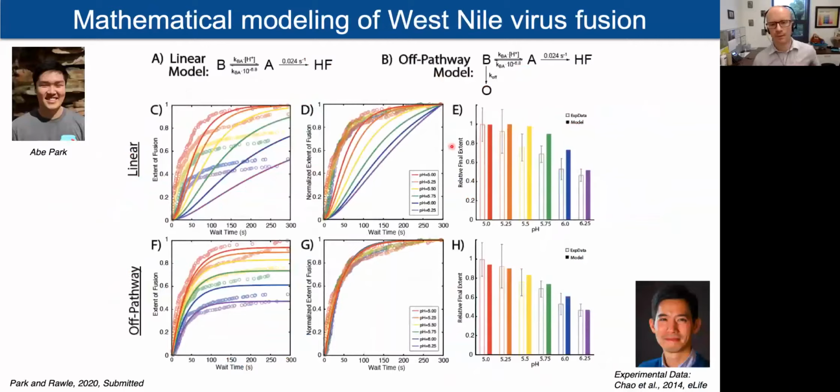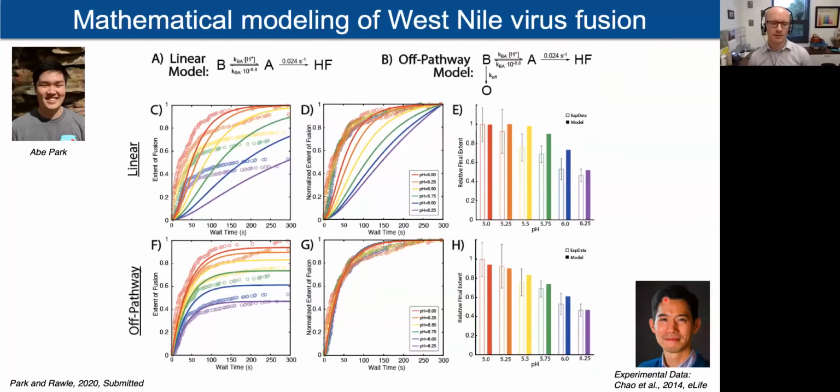The last thing I'll mention briefly is a related project here at Williams with Abe Park, who's a student in my lab. We really wondered whether this off-pathway state would hold true for other flaviviruses or whether it would just be true for Zika virus. So we got a data set thanks to a very generous researcher at Harvard University, Luke Chow, who was working in Steve Harrison's lab when he collected the data, and now has his own independent lab.